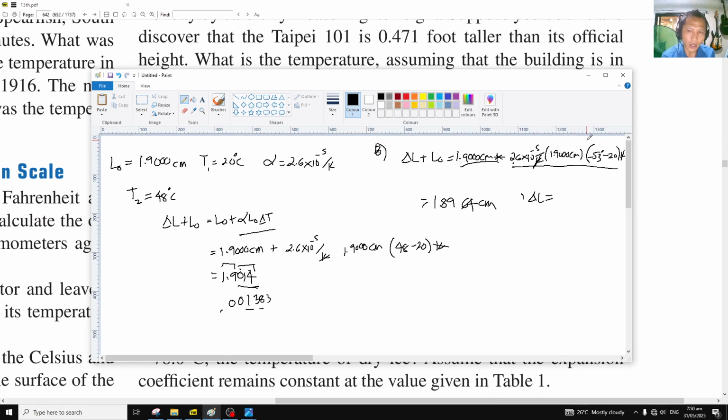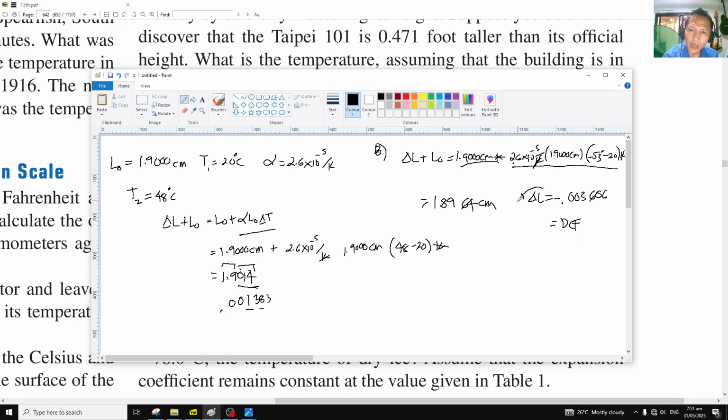That would be 2.6 times 10 to the negative 5 times 1.9 times negative 53 minus 20. That will give you a negative 0.003606.